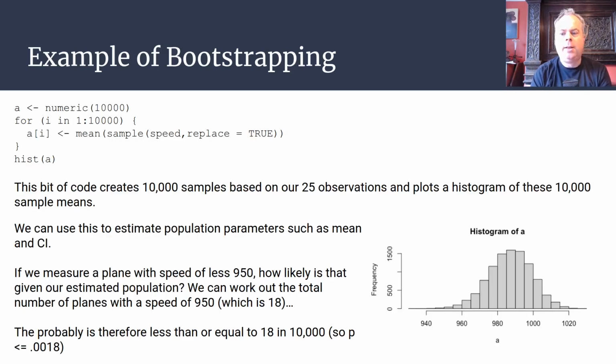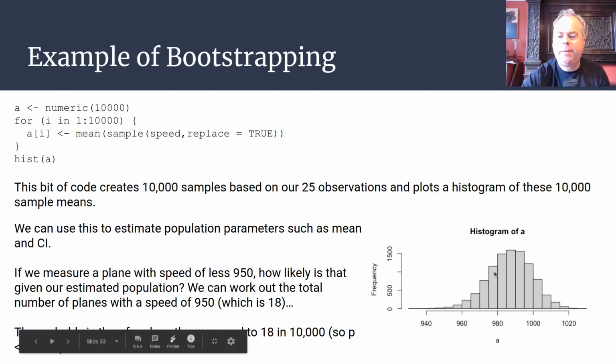So here's a little example where I'm doing 10,000 samples based on our 25 observations. So what I'm basically doing is sampling from our data set 10,000 times, and then I'm working out the averages for each of these samples, and then I'm plotting those in a histogram. And this gives us an approximation of the population that we're sampling from.